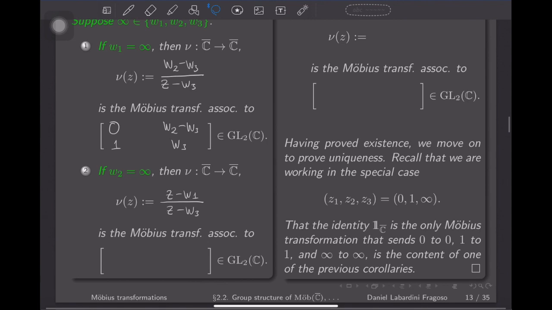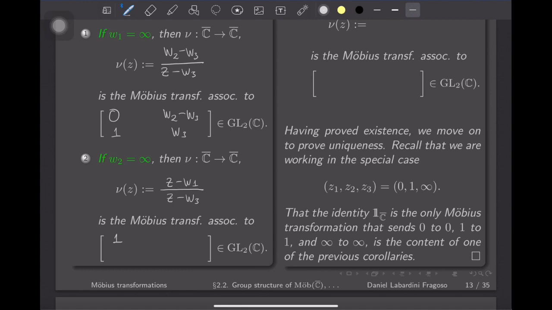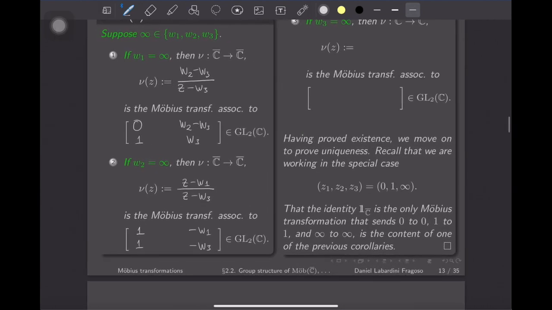W1 goes to 0, W3 goes to infinity, infinity goes to 1, and this is associated to 1, minus W1, 1, minus W3. Determinant is minus W3 plus W1, which is not 0.